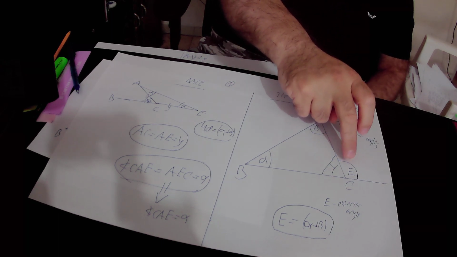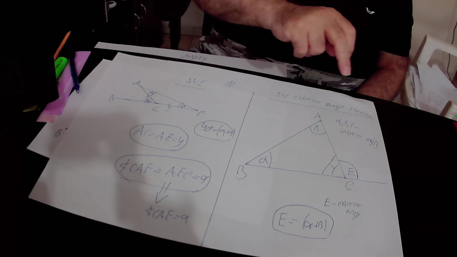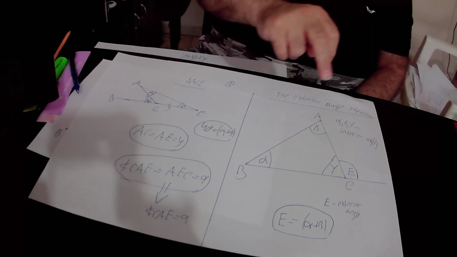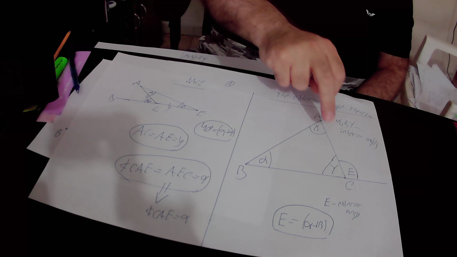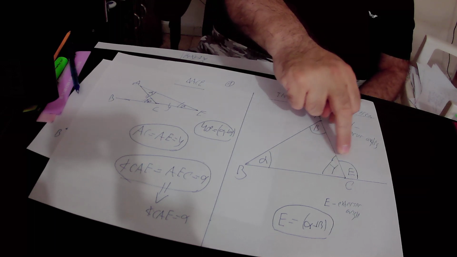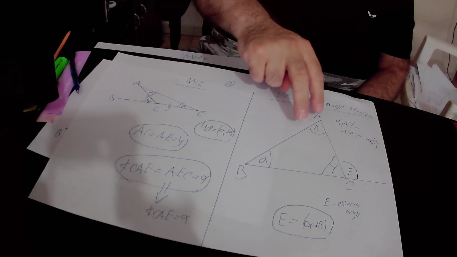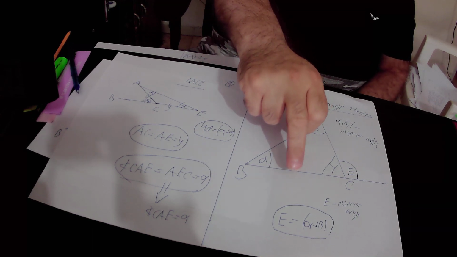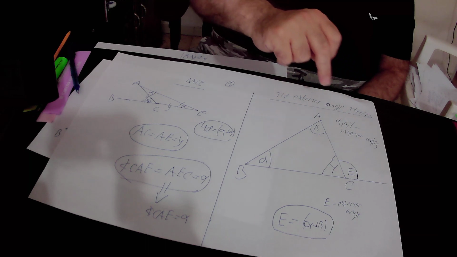The exterior angle E is equal to the sum of the two interior angles that are not adjacent to it. Angle gamma is adjacent to it, and the two other angles not adjacent to it are alpha and beta. That is to say, the exterior angle E equals alpha plus beta.